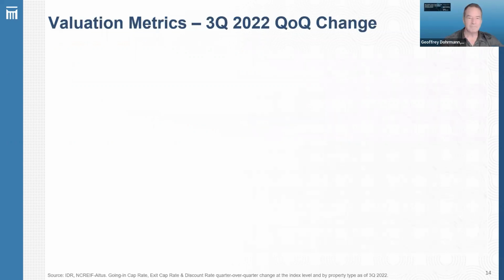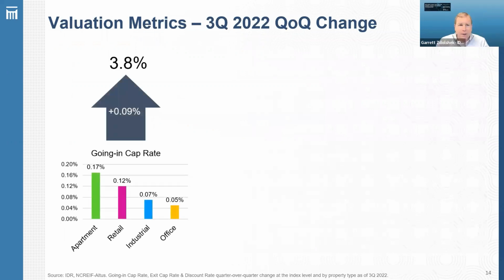Okay. Valuation. So I thought it'd be a good time to take a step back and just look at where we are with values. What's happened over the last quarter with marks? We saw basically flat returns overall for the quarter, 0.3% positive return, but that was really because of income.